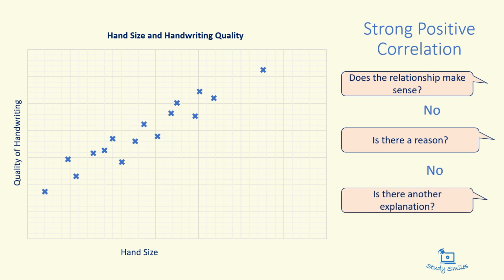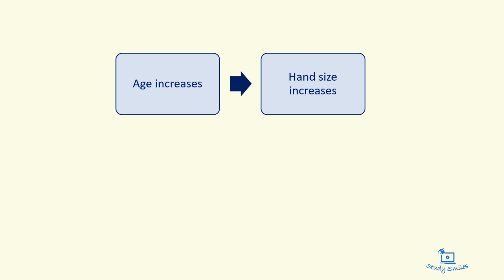Is there another explanation? Is there anything else that could cause this change? Yes, age. Age is a third variable that could cause the change in both hand size and quality of handwriting. So as age increases, hand size also increases.